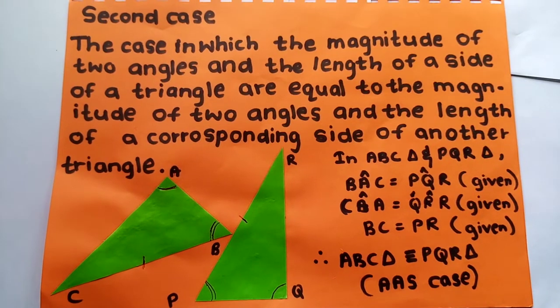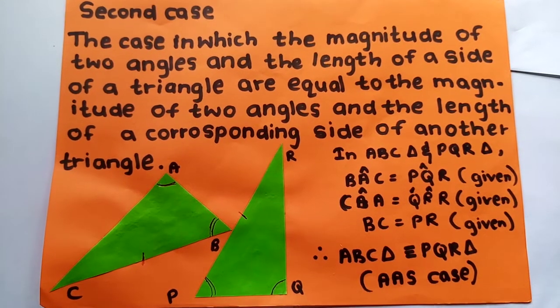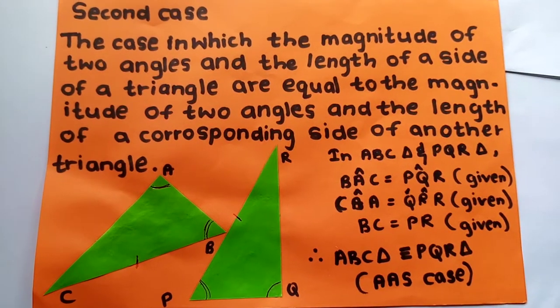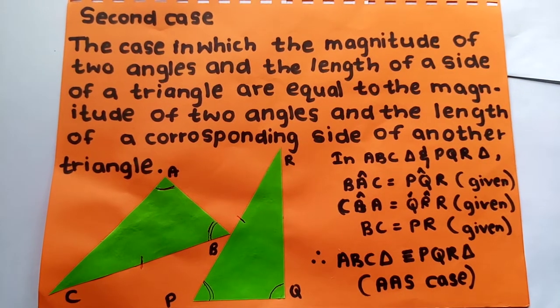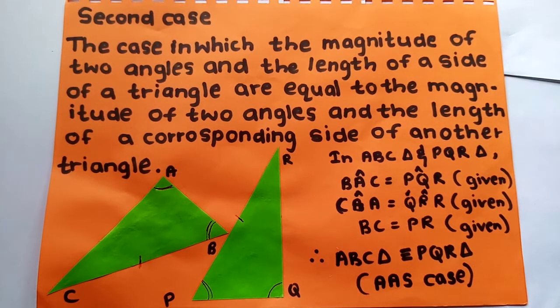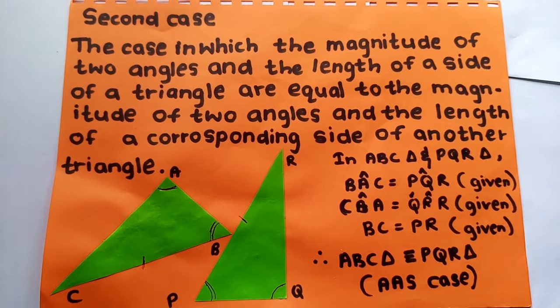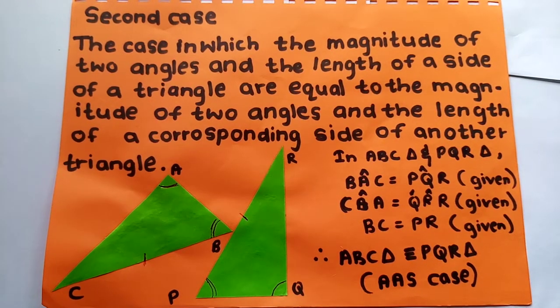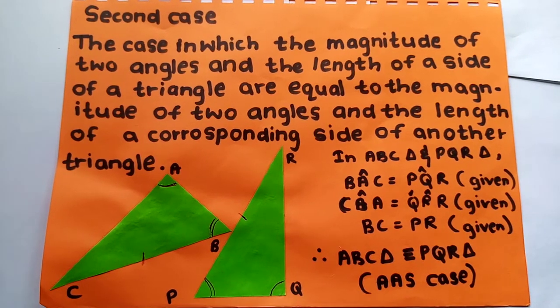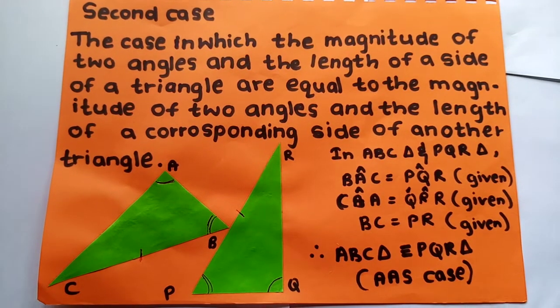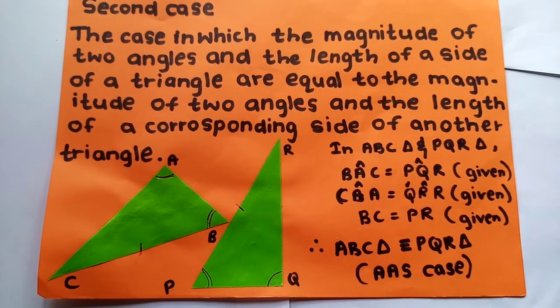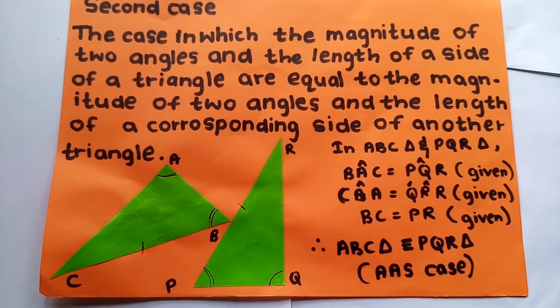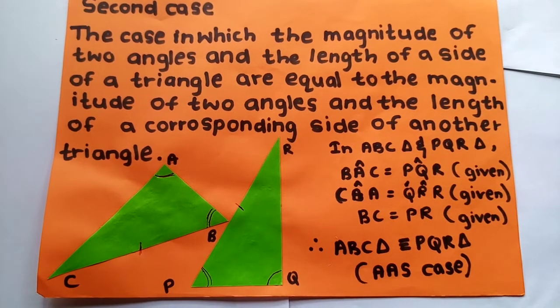Okay. The second case, the case in which the magnitude of two angles and the length of a side of a triangle are equal to the magnitude of two angles and the length of the corresponding side of another triangle.